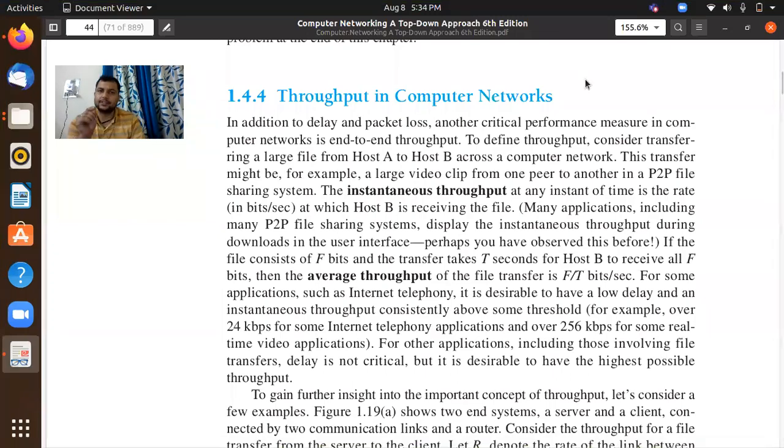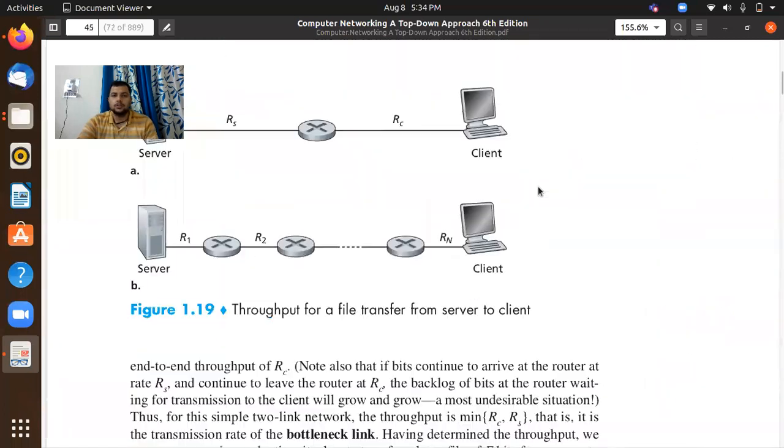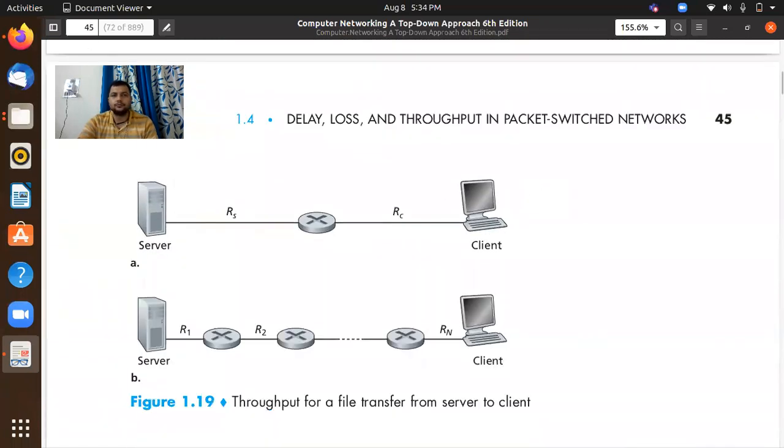As I have already explained throughput in my last video, once again we will understand throughput in computer networks through these examples. So here in this example, throughput, once again, who has still some confusion in throughput?